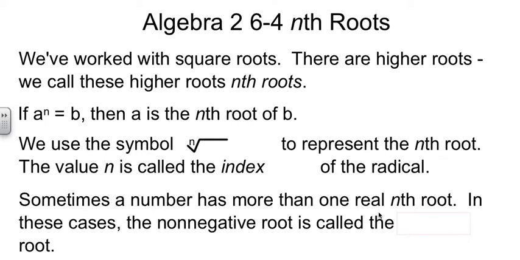You'll get a positive or a negative something. If they don't ask you specifically for positive or negative, you need to assume you're looking for the non-negative answer in those cases. Your book makes a big deal of calling it the principal root. I just want you to see that terminology more than anything else.